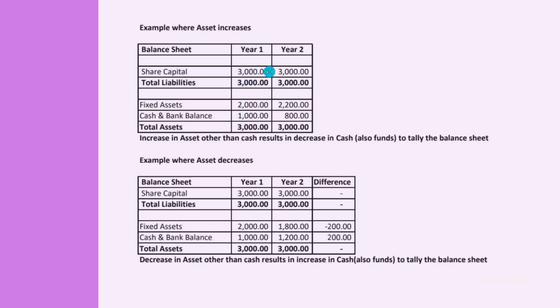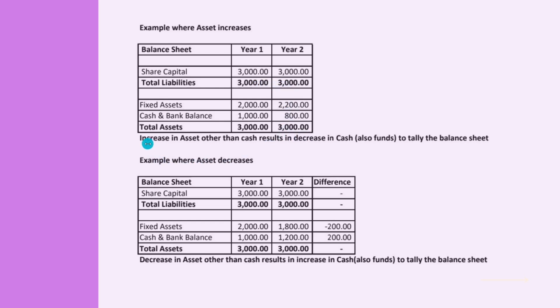In year 2 liability remains the same, that's why in year 2 share capital is also 3000. However, fixed asset increases by 200, that is to 2200, and hence to tally the balance sheet we have to decrease cash and bank balance by 200, so it will become 800. So in year 2 total liabilities is 3000 and total assets is also 3000.